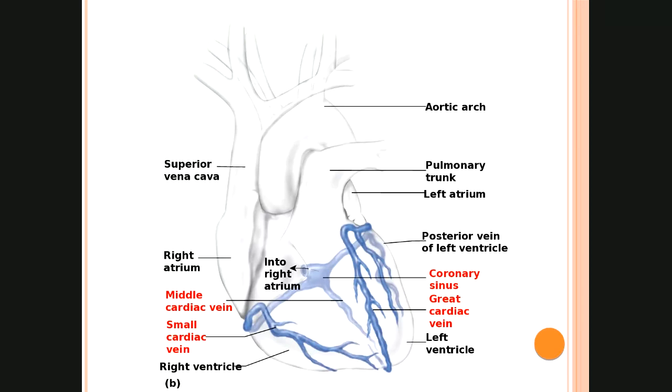This is the great cardiac vein right here, which shares the same space, the anterior interventricular sulcus, the same location as the anterior interventricular artery. The small cardiac vein right here is in a similar location as the marginal artery. The middle cardiac vein back here is on the back of the heart, sharing the same location as the posterior interventricular artery. Notice these blood vessels take blood to the coronary sinus right here, which dumps its blood into the right atrium.